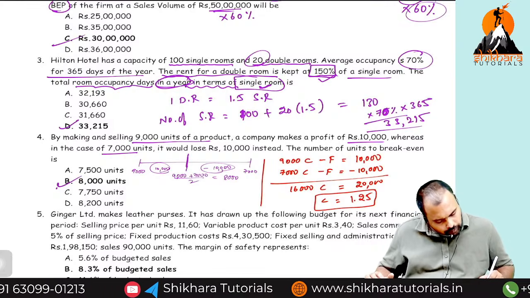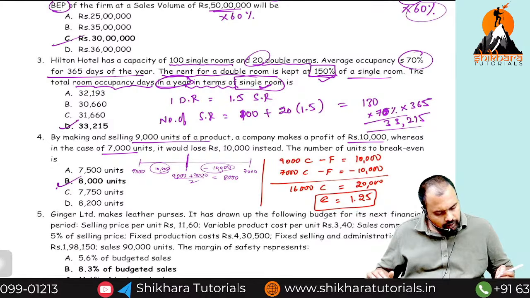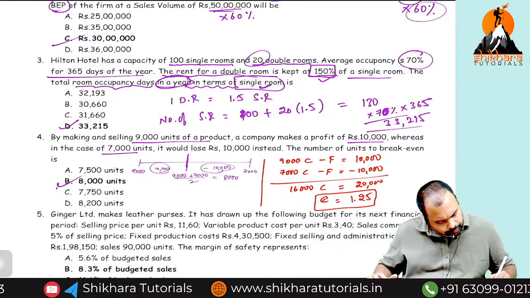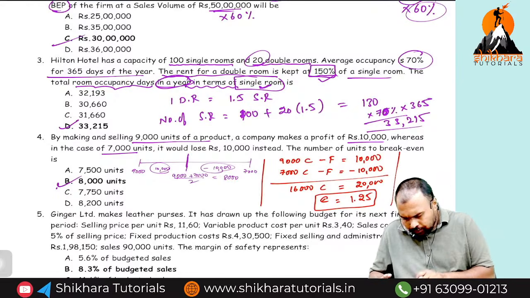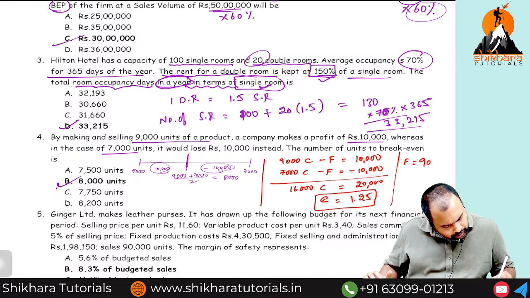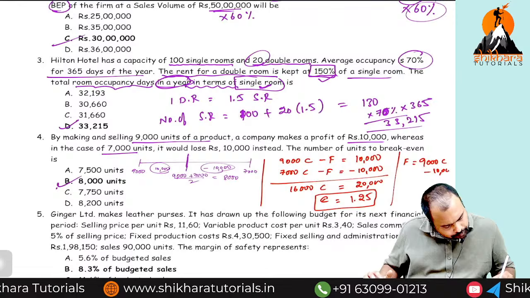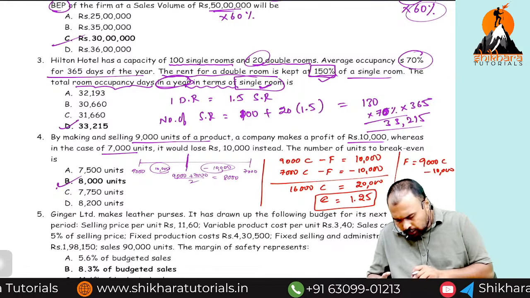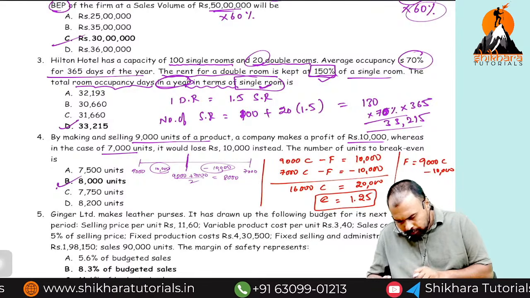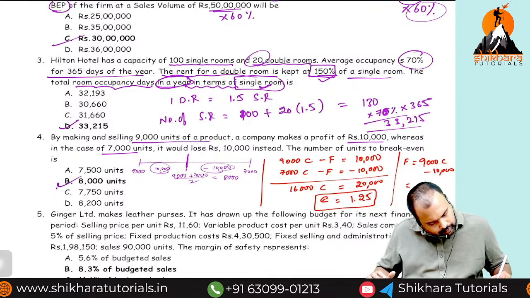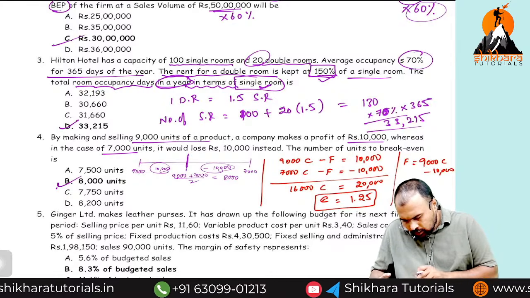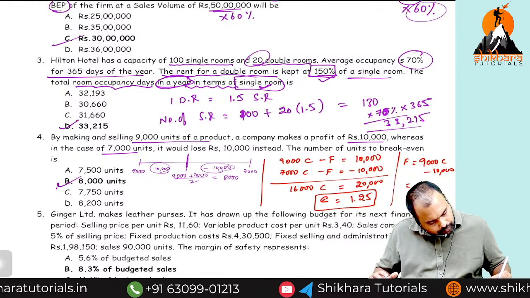Now I have to find the fixed cost. Apply this 1.25 anywhere. Fixed cost is equal to 9,000 C minus 10,000, which is 9,000 into 1.25, that is 11,250, minus 10,000, which is 1,250.